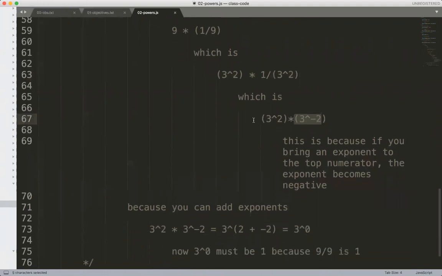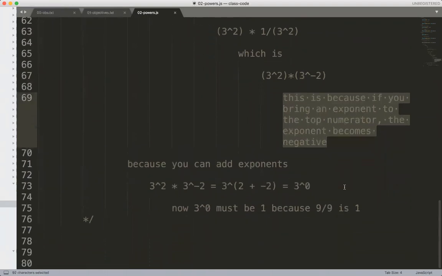And this is the case for any number that is on the denominator that you bring up to the numerator. And you can add exponents. So 3 squared times 3 to the negative 2 is actually 3 to the 2 plus negative 2 power, which is 3 to the 0 power, right? And this has to be 1, because 9 divided by 9 is 1.